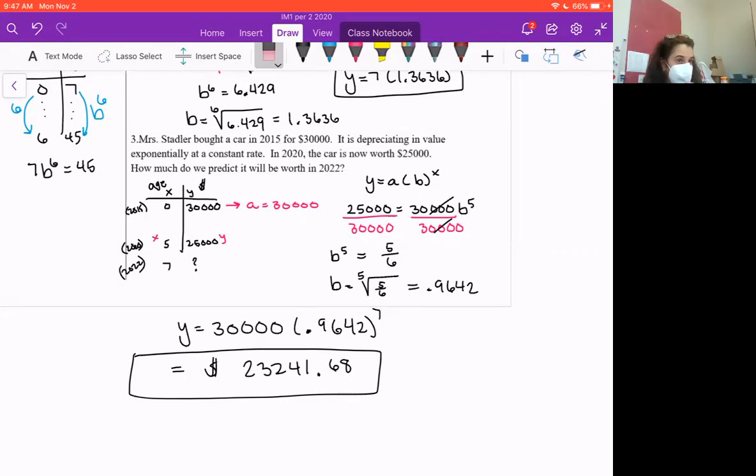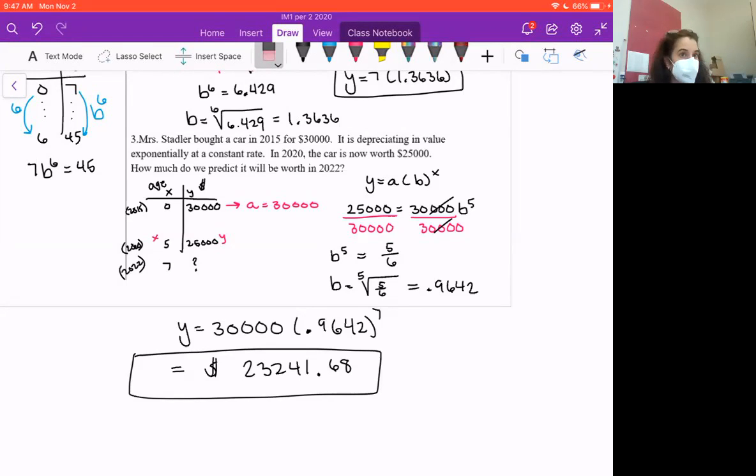Might be a square root, but it might be some other type of root as well, like a third root or a fourth root. We just did a fifth root on this problem. So whatever the exponent is, that's the kind of root you're going to have to use to solve for B. And then once you solve for B, then you can set up your equation and you can answer questions based off of the model. So make sure, first off, that you know where the root button is on your calculator.